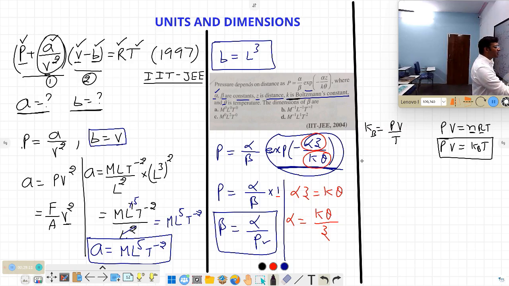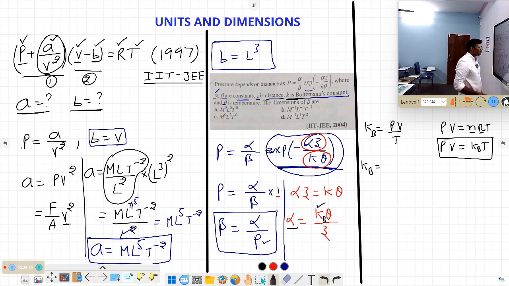Now we can write the kB dimension formula. To get the alpha, we have to know the kB value. To get kB, we have to find PV by T. What is P? P is the pressure. The pressure dimension formula we did just before, so using that we can write M L minus 1 T minus 2 as the dimension of pressure, into V. What is V?